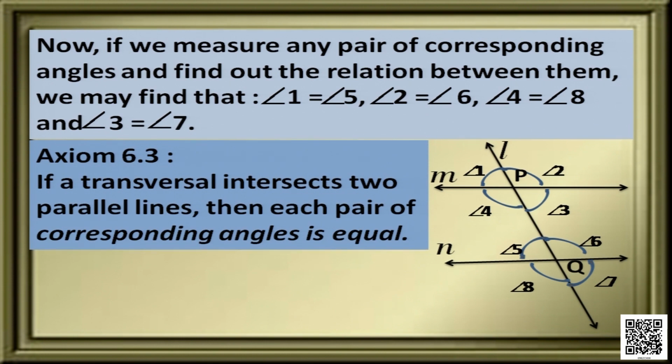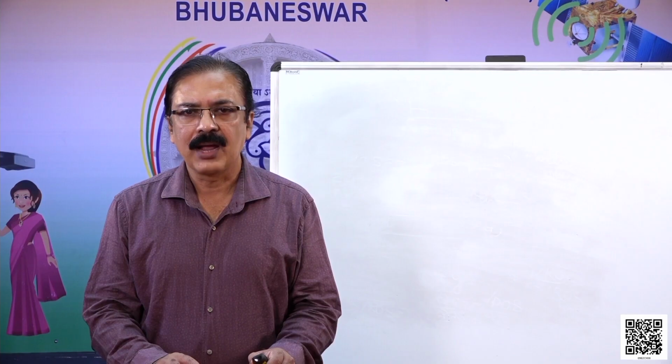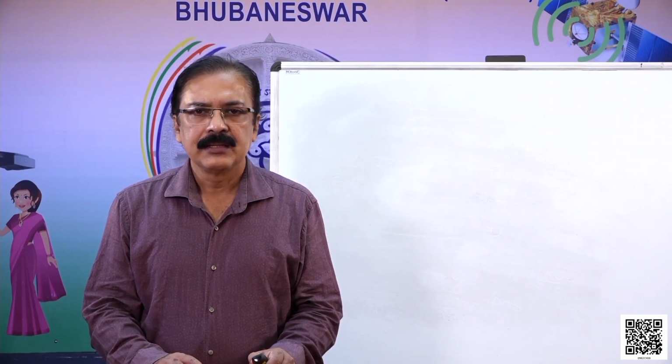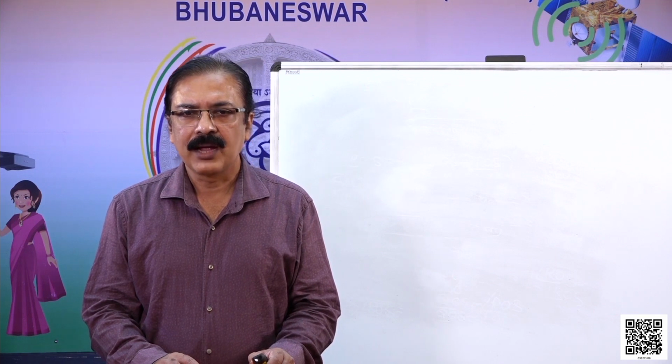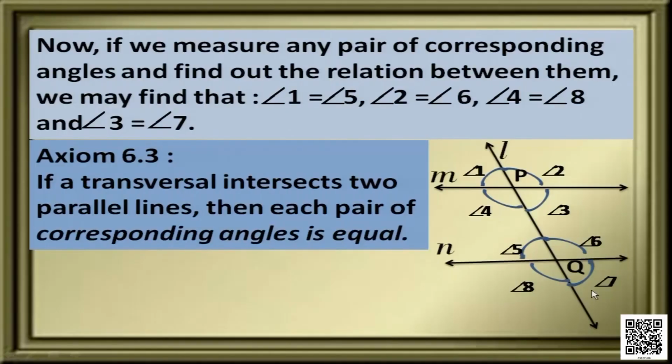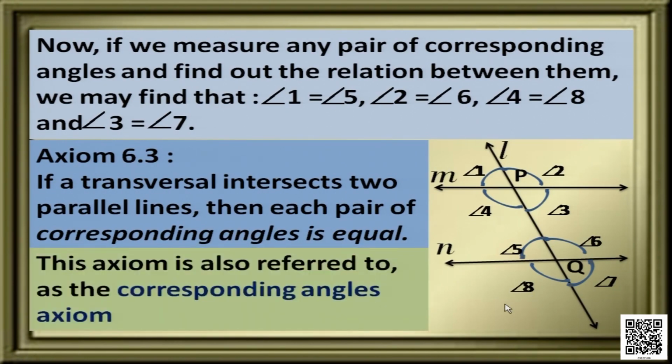That means, as we have written earlier, angle 1 is equal to angle 5, angle 2 is equal to angle 6, angle 3 is equal to angle 7, and angle 4 is equal to angle 8. This axiom is also referred to as the corresponding angles axiom.